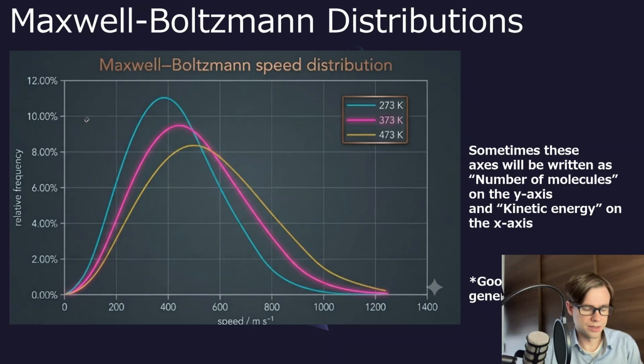And on your x-axis, speed will sometimes be shown as kinetic energy. They have a proportionality relationship. EK is proportional to v squared, speed squared. So you'll sometimes see a graph with the kinetic energy values on the x-axis instead, but you read it basically just the same way.